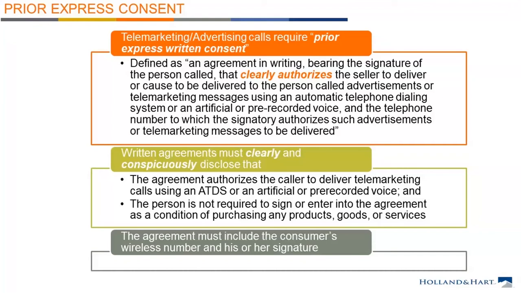So you cannot, at least as the TCPA is concerned, seek that consent, and if it is not given, withhold goods or services as a condition of that consent. The agreement also must provide the consumer's wireless number and his or her signature. So again, it's very important that whatever consent you are seeking must be clear about what it is you plan to do. Informed consent is very important.